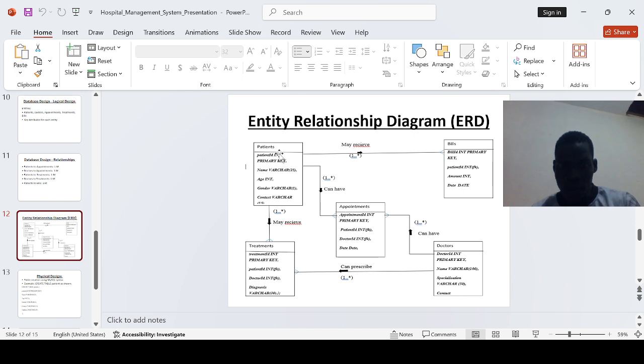So the relationship here is "can have," and the cardinality is one to many. So the patient ID in the appointment table becomes a foreign key which relates the two tables. The same applies to patients and treatments, doctors and treatments, doctors and appointment, and then patients and bills.